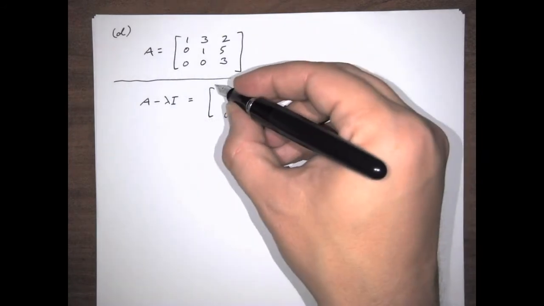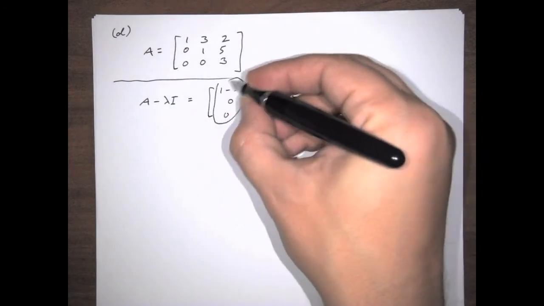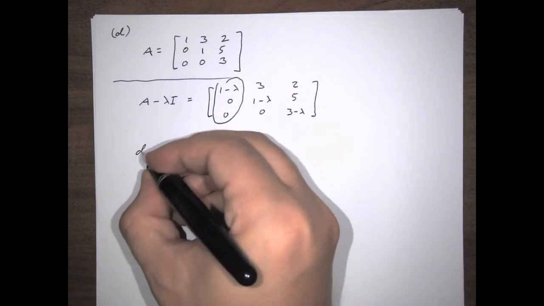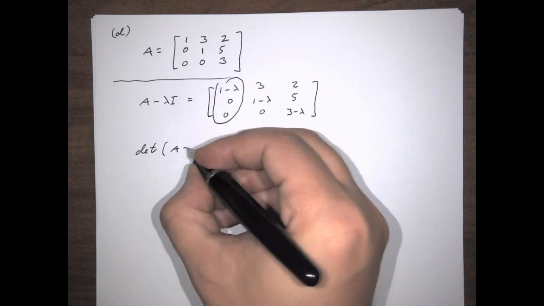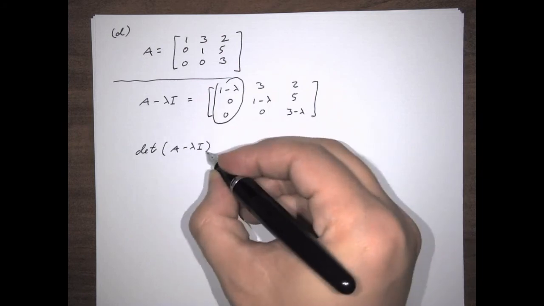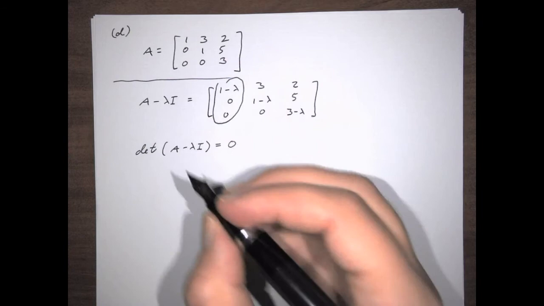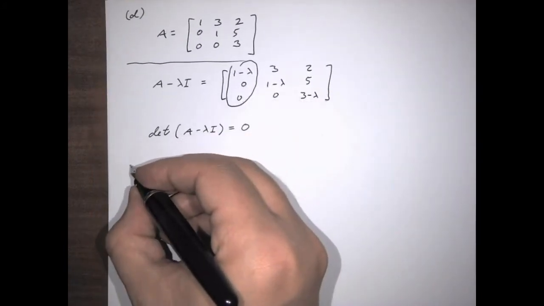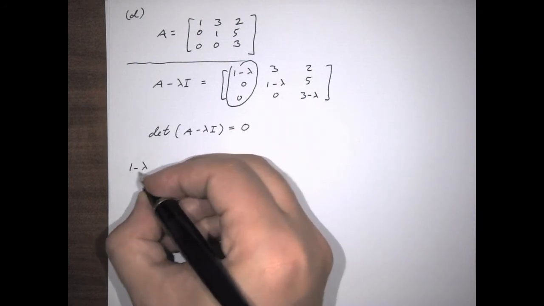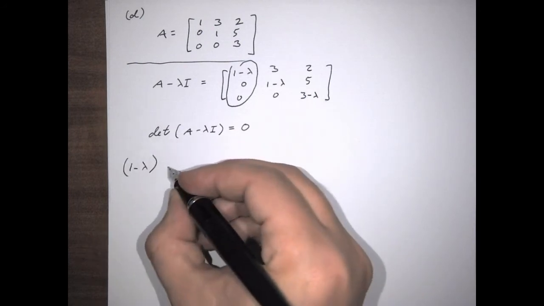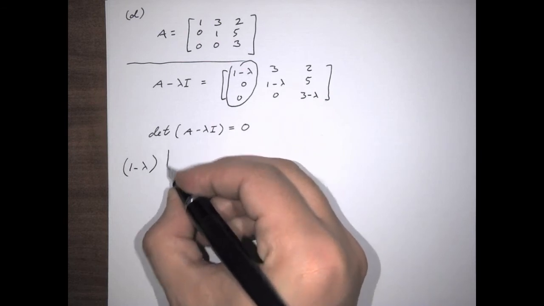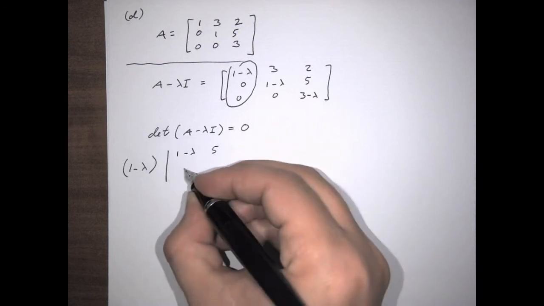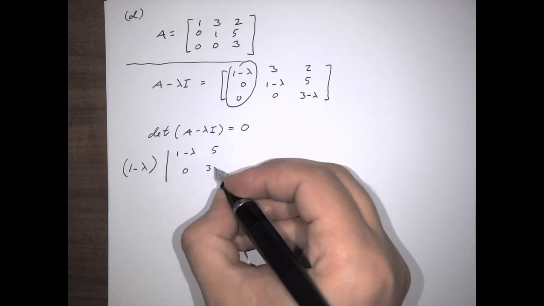And then if we were to do a cofactor expansion, let's say along the first column, then the determinant of A minus lambda I equals 0. That's the characteristic equation. And now let's just look at this in its cofactor form. 1 minus lambda times the determinant of 1 minus lambda, 5, 0, 3 minus lambda.